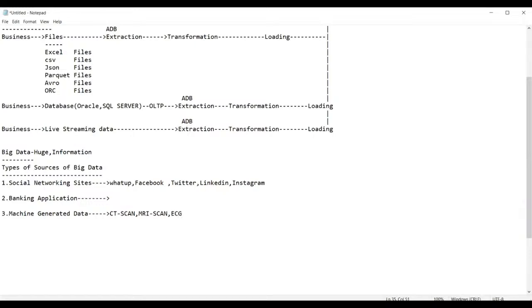These are the machines which generate data, and this kind of data is also considered big data, a massive amount. The CT scan machine generates a very massive amount of data. Any machine which generates data gives what is called machine generated data. That's it.